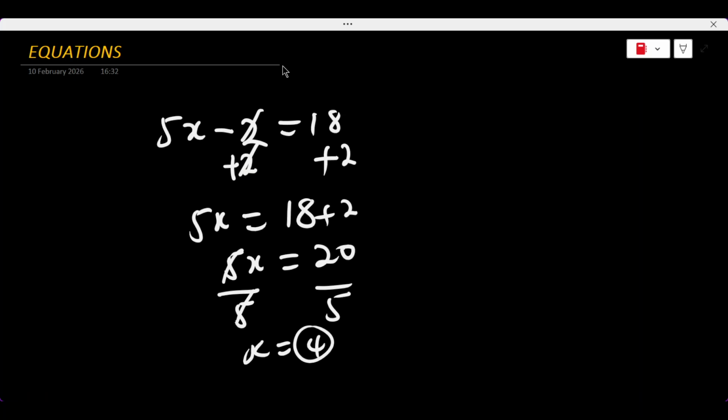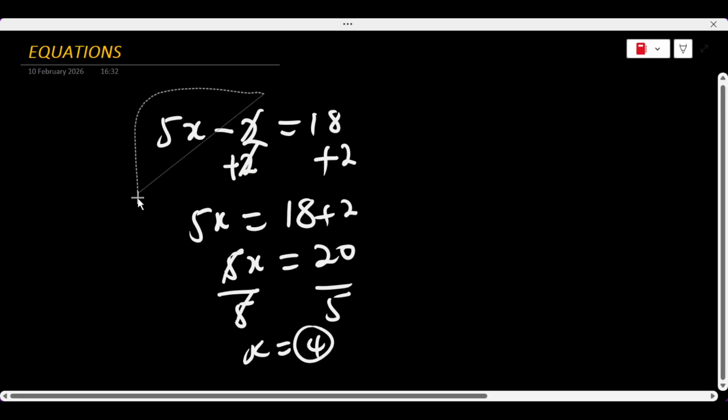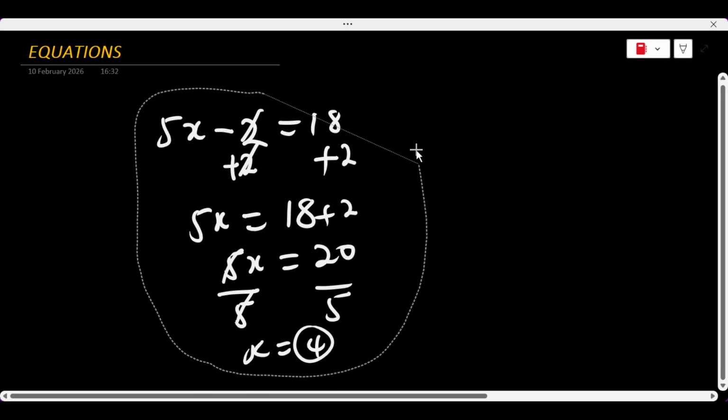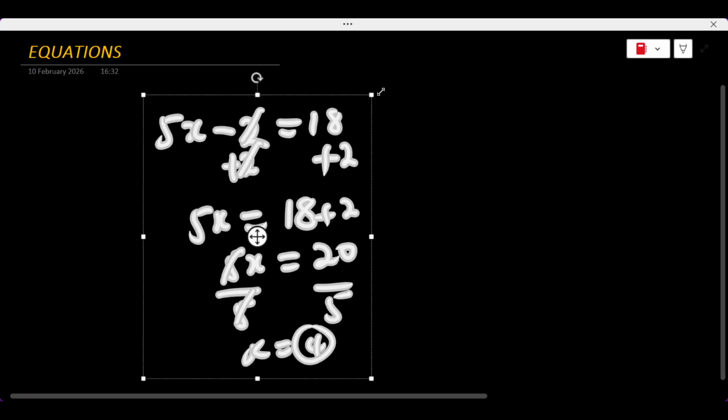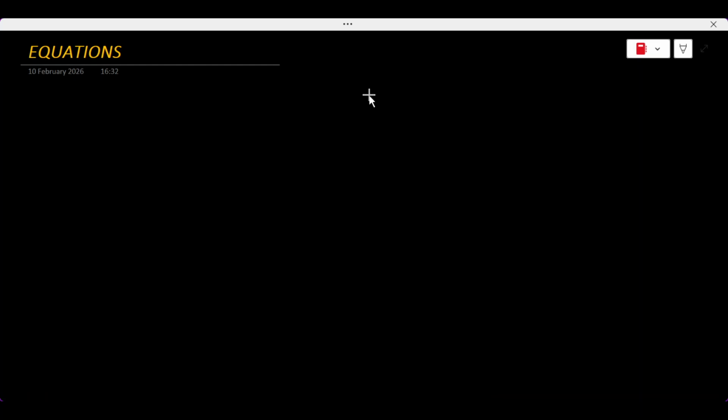So that is it for equations. And a quick recap. Today, we were able to understand what equations are. Equations are just mathematical statements. And in an equation, we keep the equation balanced. And then in solving, we use the opposite of operations. So we have addition, which goes with subtraction.